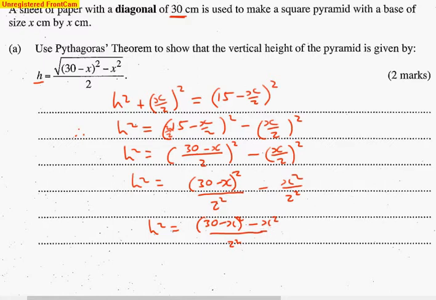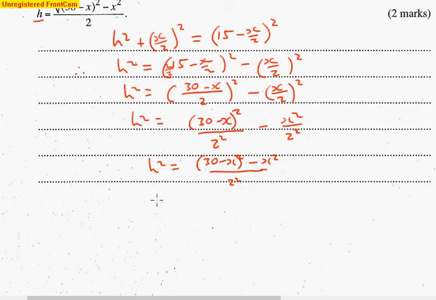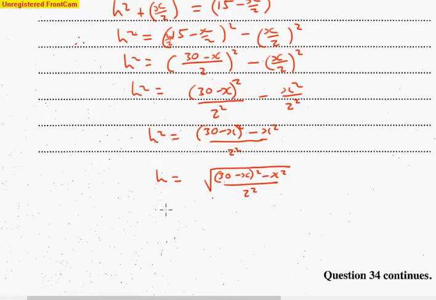Now I will take the square root of both sides, so h equals square root of that lot. And then I can take the square root of 2 squared, which will of course be 2, so I can take that outside of the square root sign, so h equals square root, this is just the top part now, all over 2.